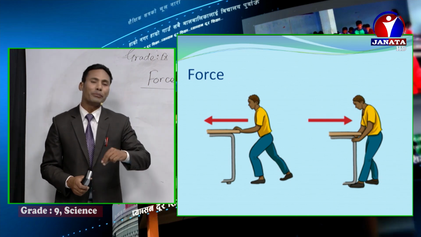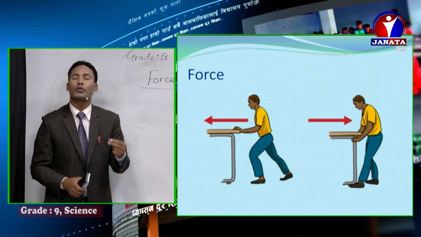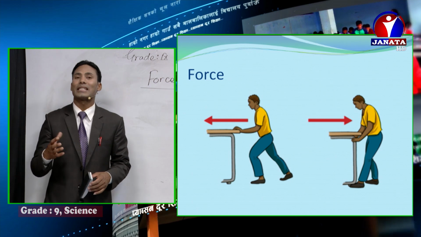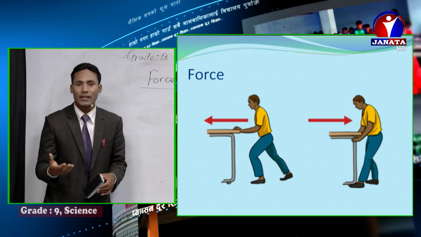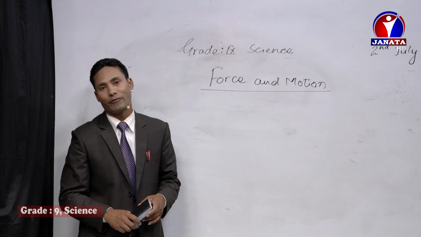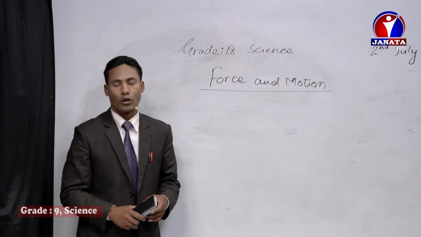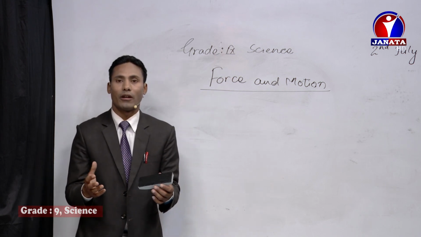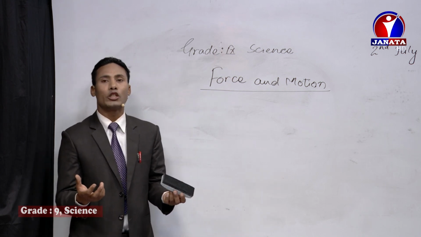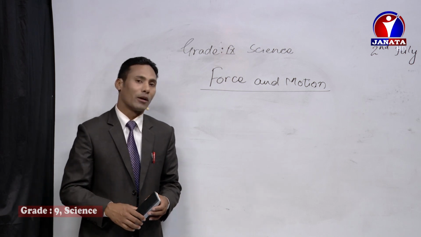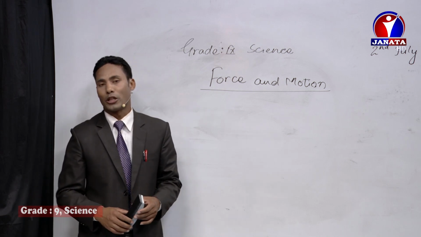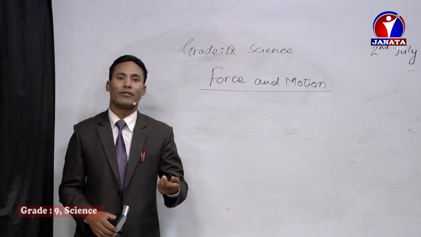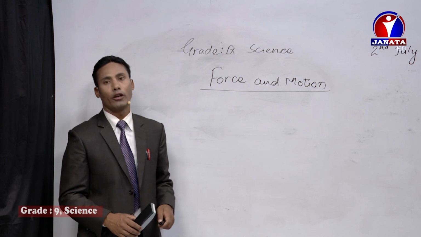So we can simply define the force as a push or pull, and also as an external agent which changes or tends to change the state of matter from rest to motion or motion to rest. Force also changes the shape of the object, as well as the direction of the moving object. So simply, push or pull is called the force.